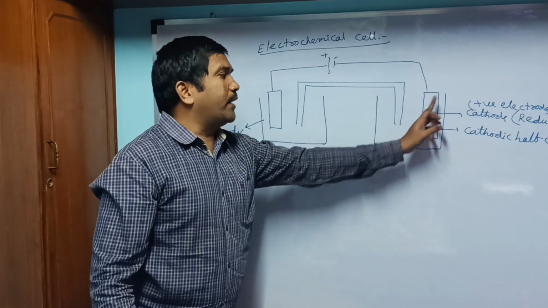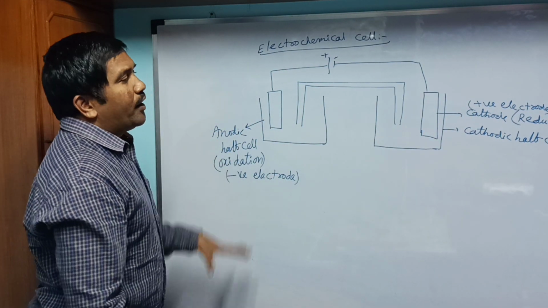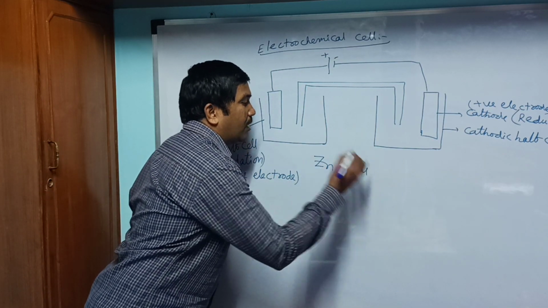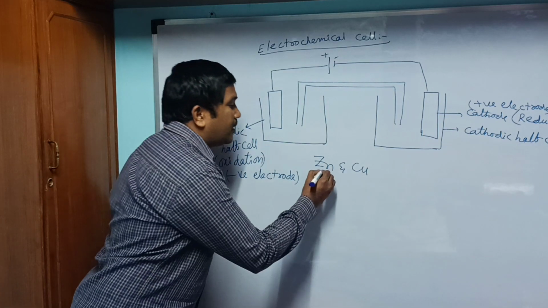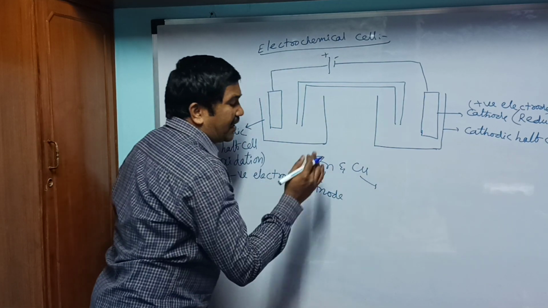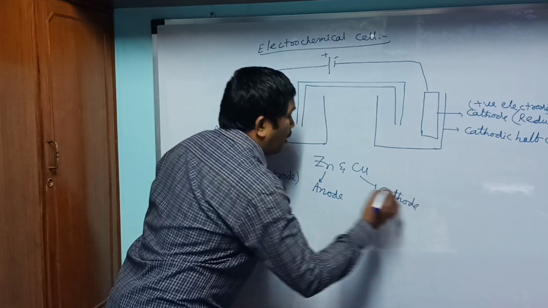That's why this anode is called negative electrode, and this cathode is called positive electrode. So for example, if we take zinc and copper as electrodes, zinc acts as anode and copper acts as cathode. Why?